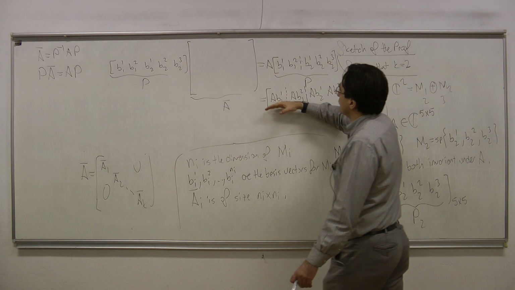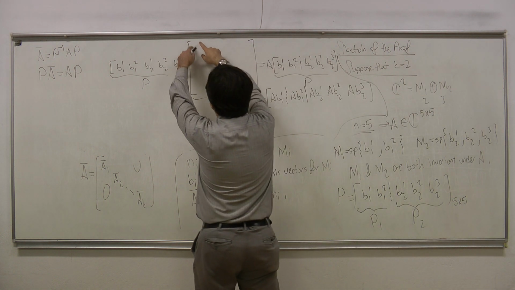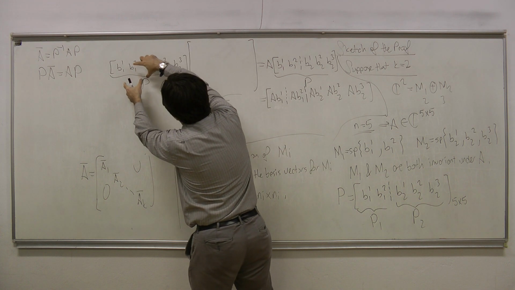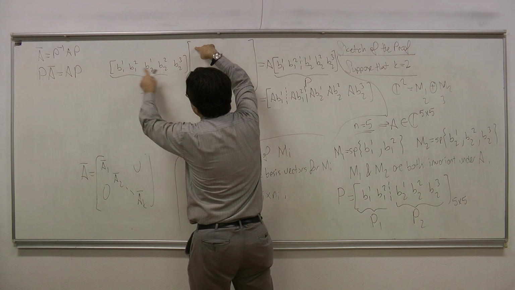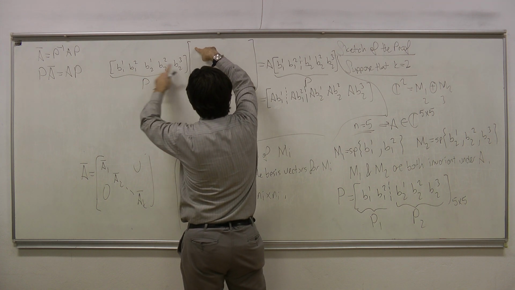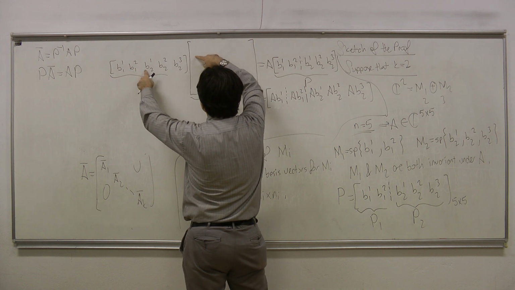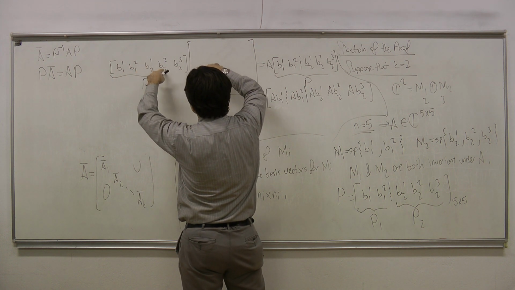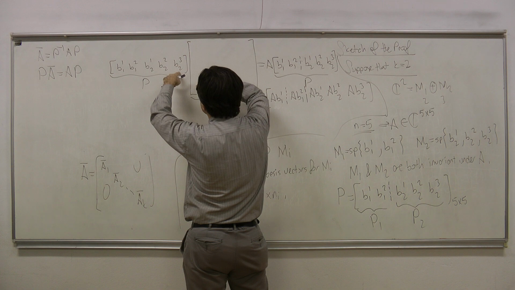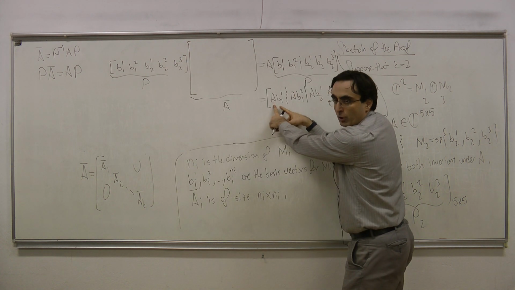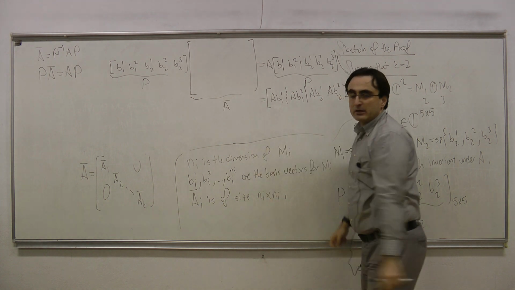Because here the first column of this multiplication would be the first column of A bar multiplied by P. So the first element multiplied by B11, the second element multiplied by B12, and then summed. And third element times this, fourth element times this, fifth element times this, and sum. That is going to be the overall first column of that multiplication.